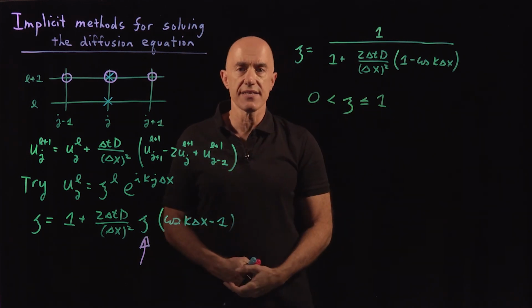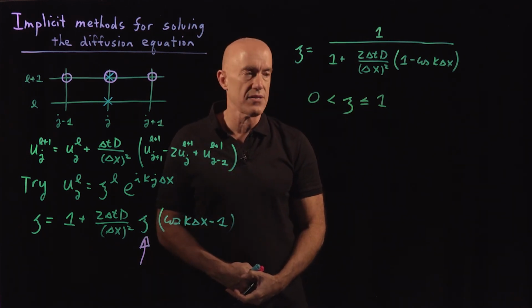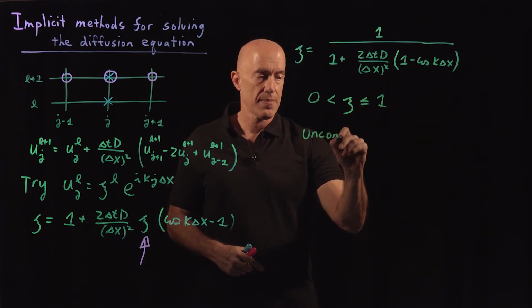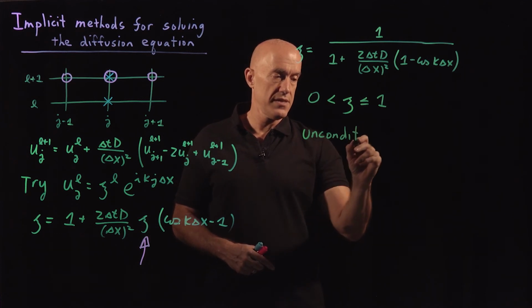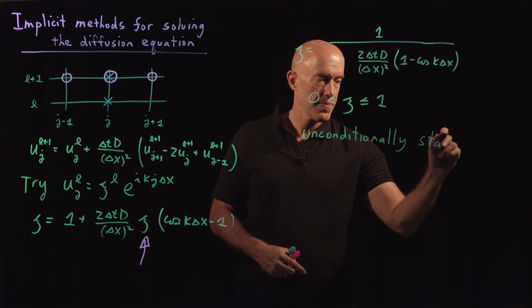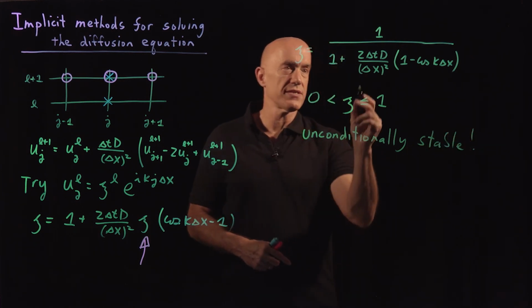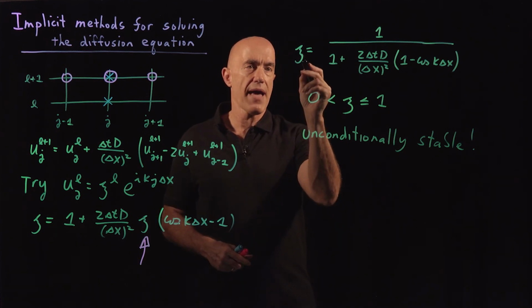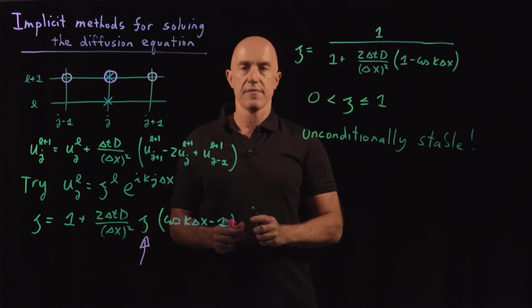So psi is never larger than 1 in magnitude. So the scheme is unconditionally stable. Okay? Because this value of psi never gets a value in magnitude larger than 1.